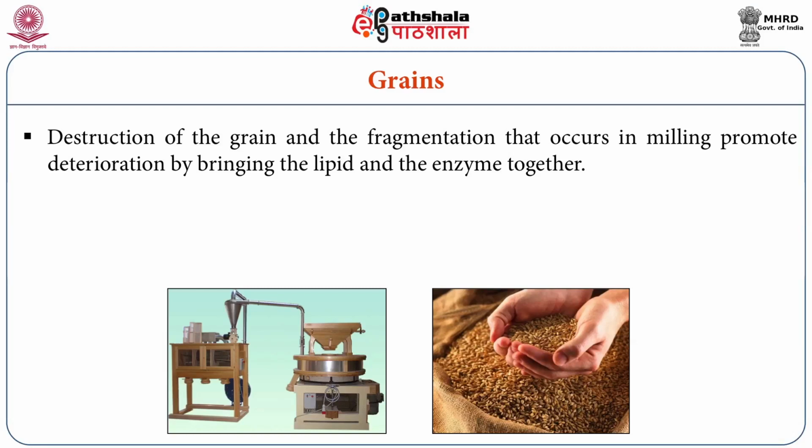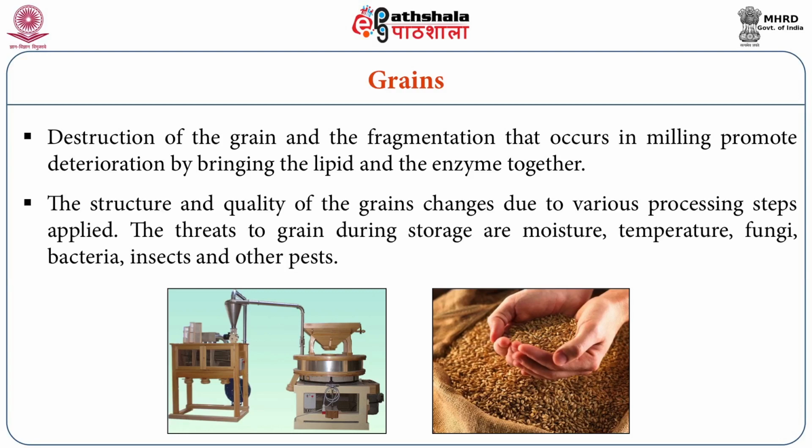Destruction of the grain and the fragmentation that occurs in milling promote deterioration by bringing the lipid and the enzyme together. The structure and quality of grains changes due to various processing steps applied.